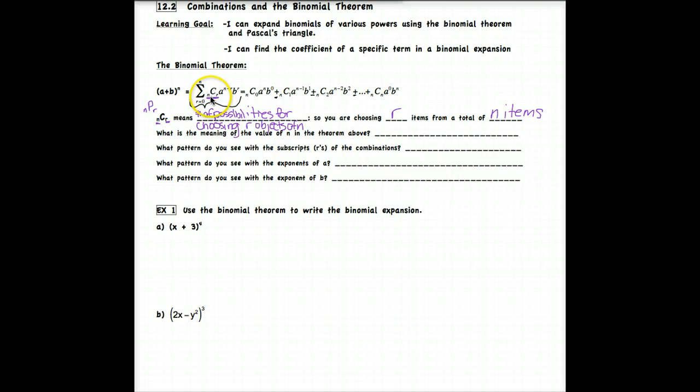Now, the n and the r are going to come from this formula here. Notice, and that's the next question, what's the meaning of the value of n in the theorem above? If you look over on the left, n is the number of times the binomial is multiplied. It's the exponent. So it's the number of times that you're going to multiply the binomial.